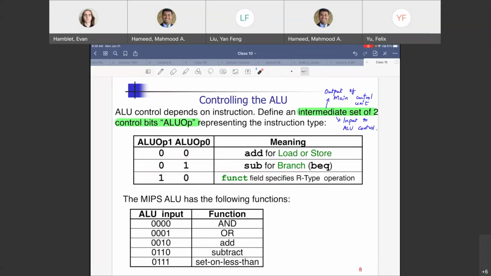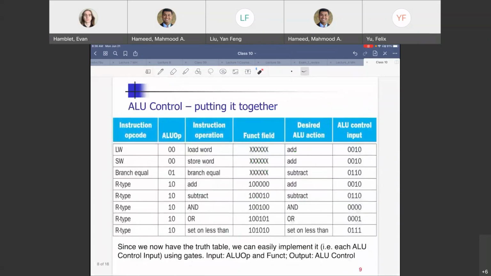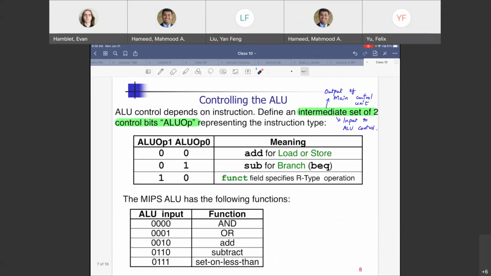So for the I-type add instruction, I don't think our 8 instructions include that, right? Let me see. The R-type instruction is not included in our data set for now. What that means is you are going to have to look at a general case where you have a bigger data path to consider.